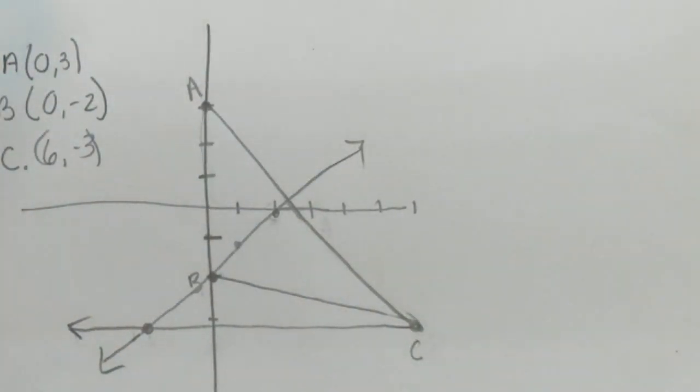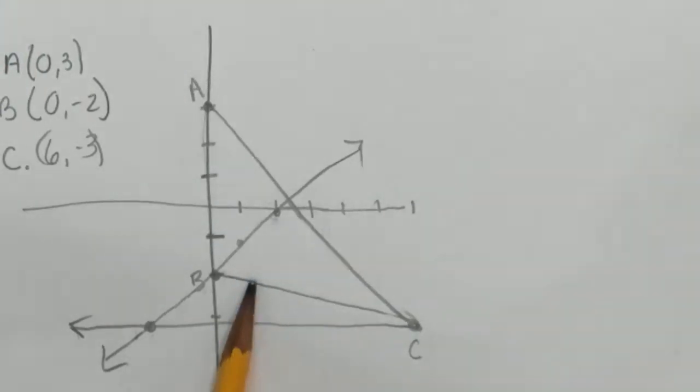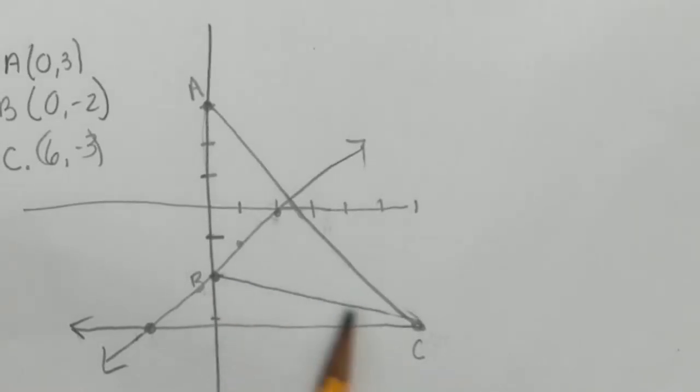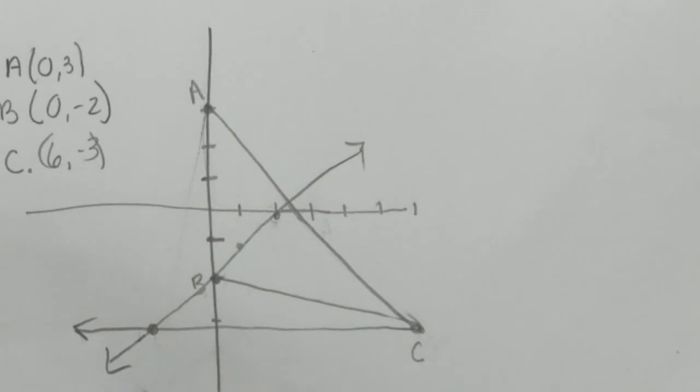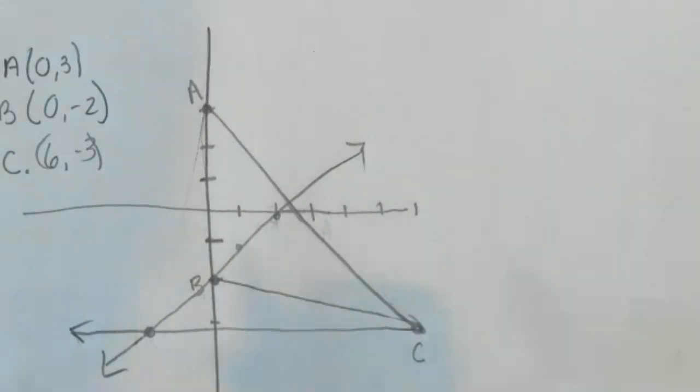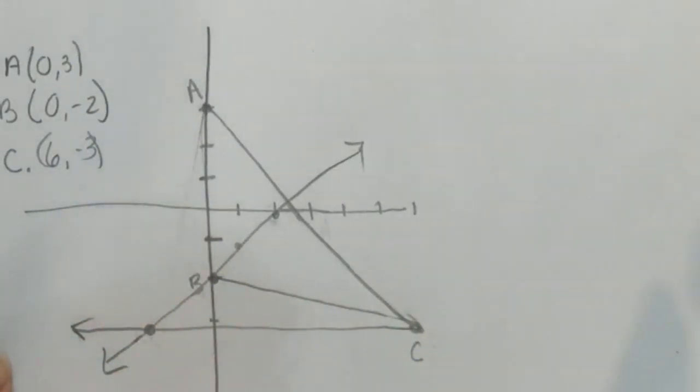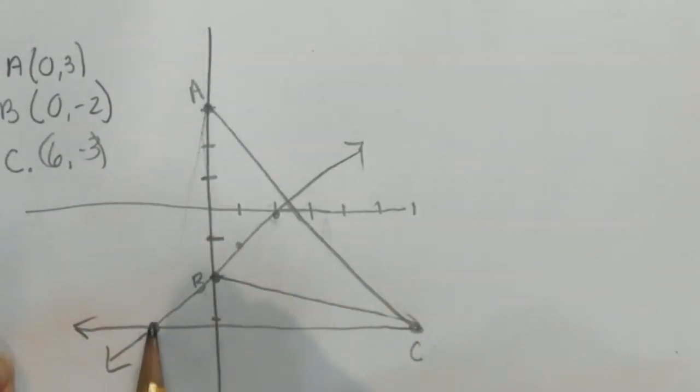I did 2 of them. I don't really need to do the third one. It would be from A. I can do the third one. I would find the slope of this side, and then I would come up here to A, and I would draw it, and it would intersect right here. So this here is my orthocenter.